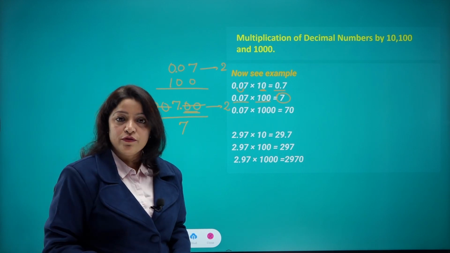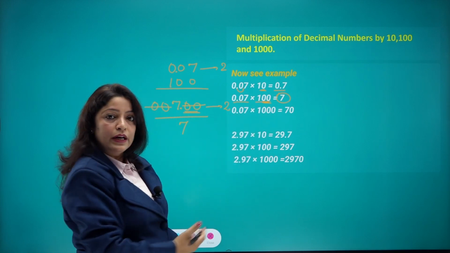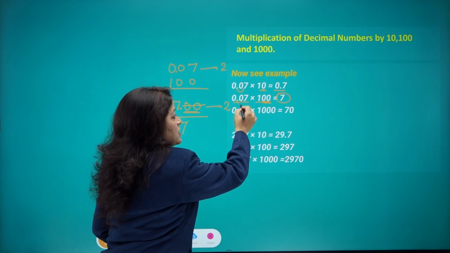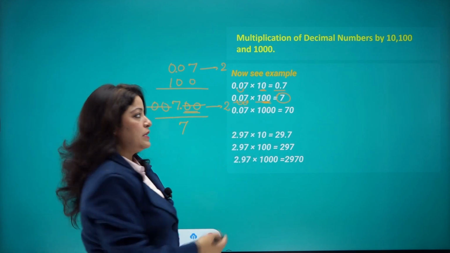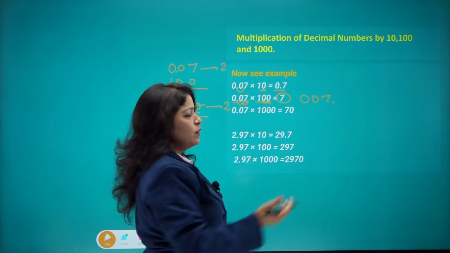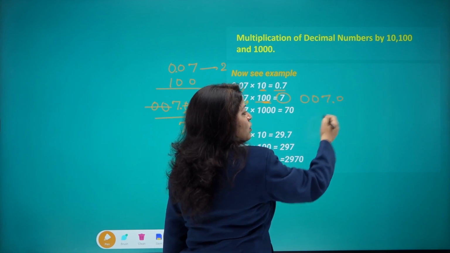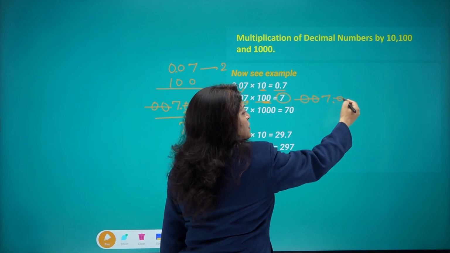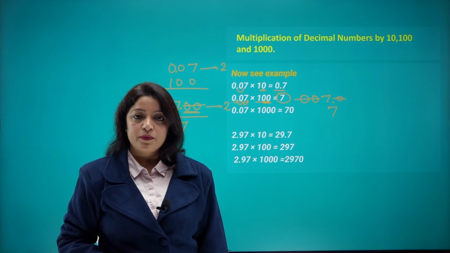But in short, what we can do is, since we are multiplying by 100, which has 2 zeros, we will shift the decimal 2 places to the right and it will go after 7. That means the number becomes 007 point. Now, it's not required because after the decimal again you can put a 0, and you can skip this 0, skip this 0. So, the number becomes 7 as a whole number.